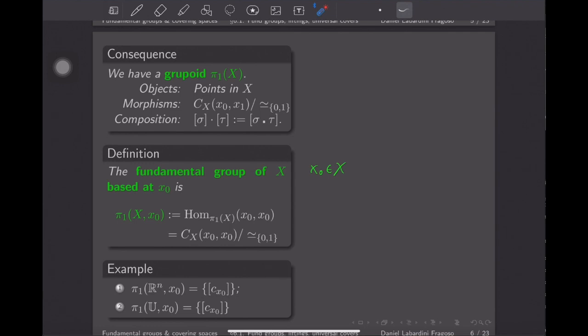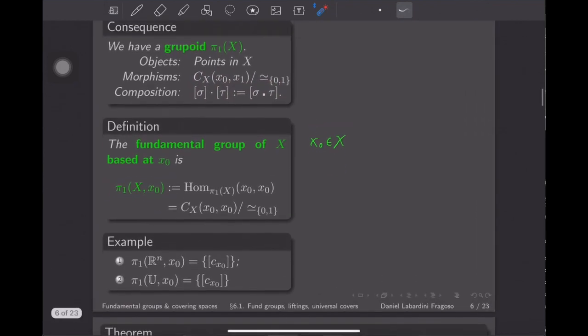Or in less fancy terminology, it is the set of equivalence classes of loops based at x naught modulo homotopy relative to endpoints. And it's a group under the operation defined in terms of concatenating representatives.